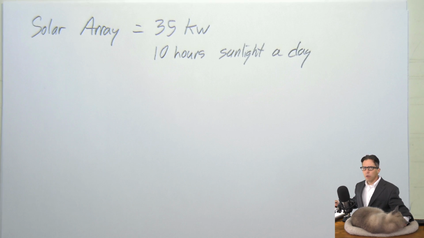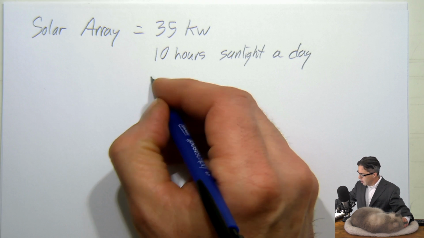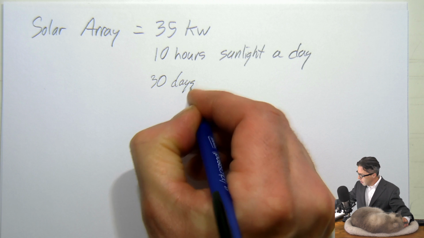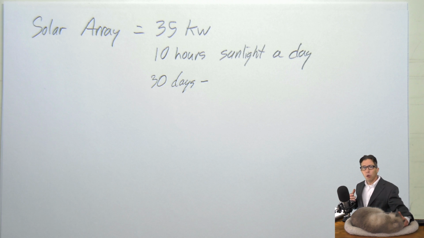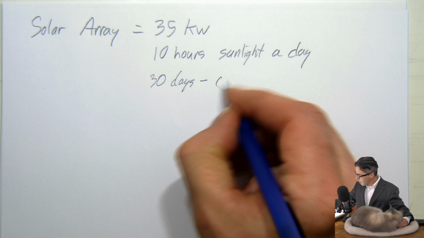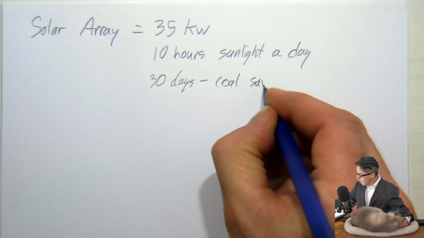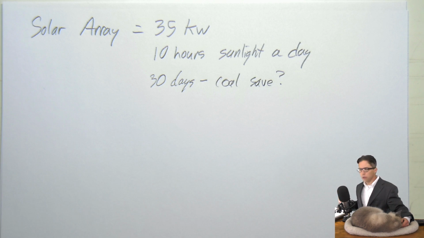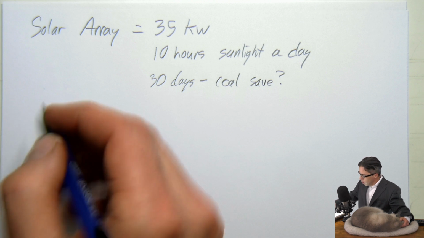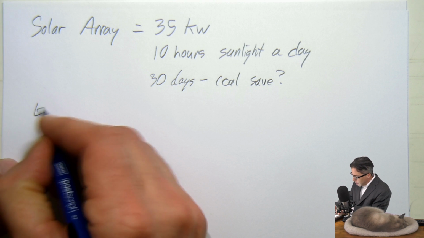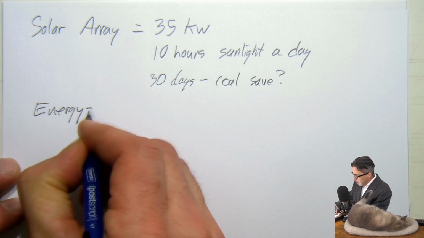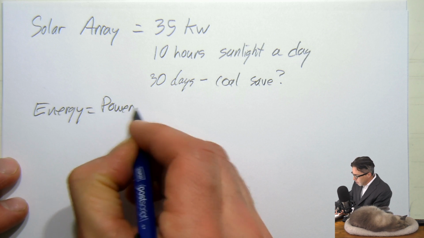And I want to know, let's say in a month, in 30 days, how much coal does this save from being burned? So how much coal do we save with this solar array? So energy is power times time.